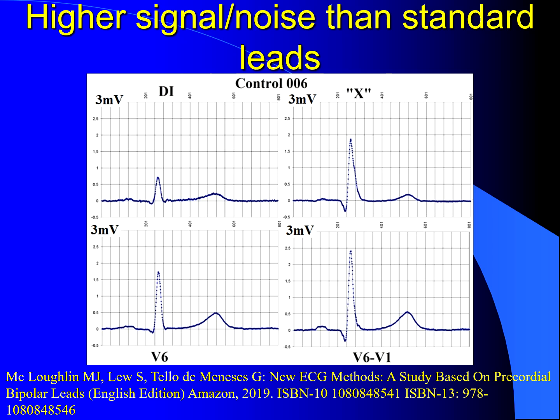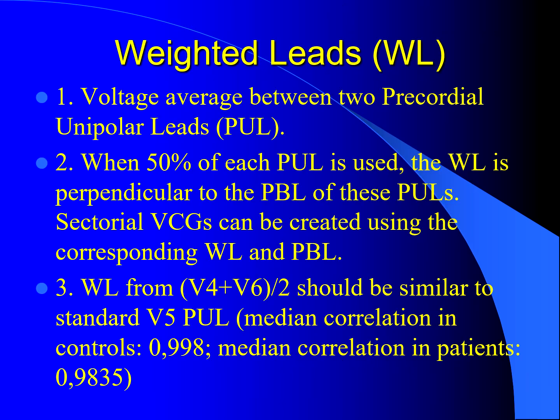This slide shows four tracings that reflect the right to left axis, and they are standardized to the same electrical amplitude. As can be seen, the bipolar precordial lead B6-B1 presents higher amplitude and a better signal-to-noise ratio than the other tracings. Weighted leads.